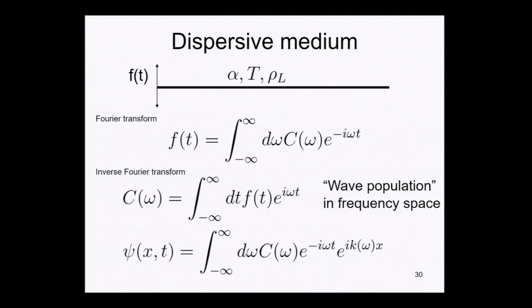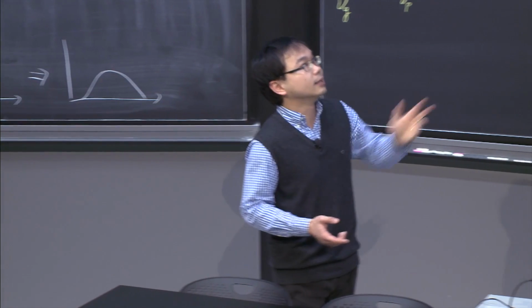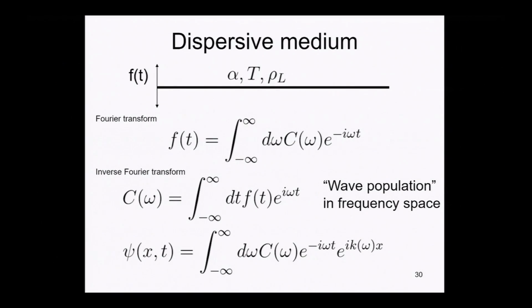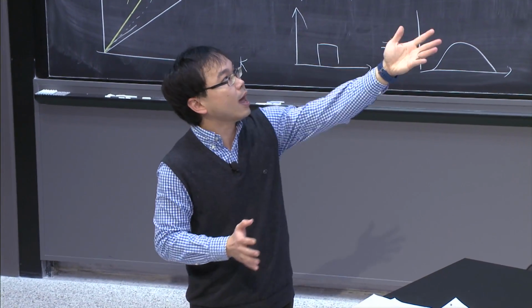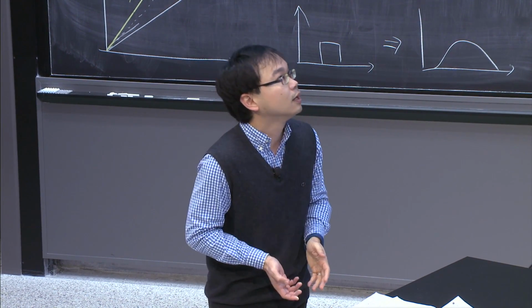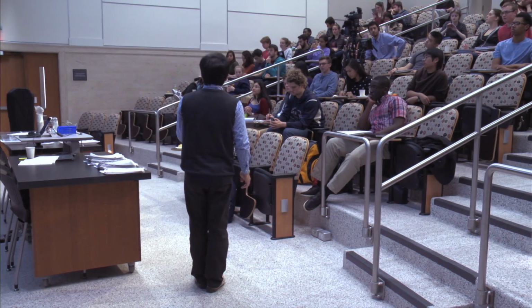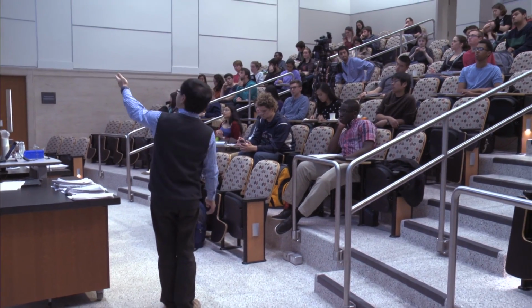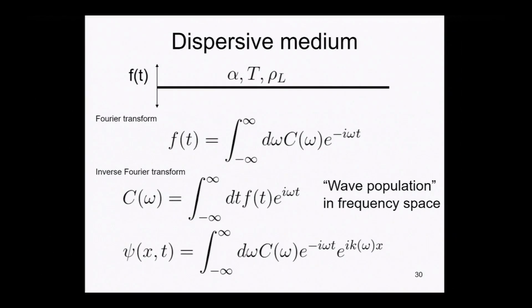psi xt, which is the wave function generated by the oscillation of my hand, and also governed by the wave equation, which gives you the relation between omega and k, can be written in that functional form. Okay, so the good news is that with the help of Fourier transform, we can describe and predict what is going to happen, no matter if this system is dispersive or not dispersive, using this approach.